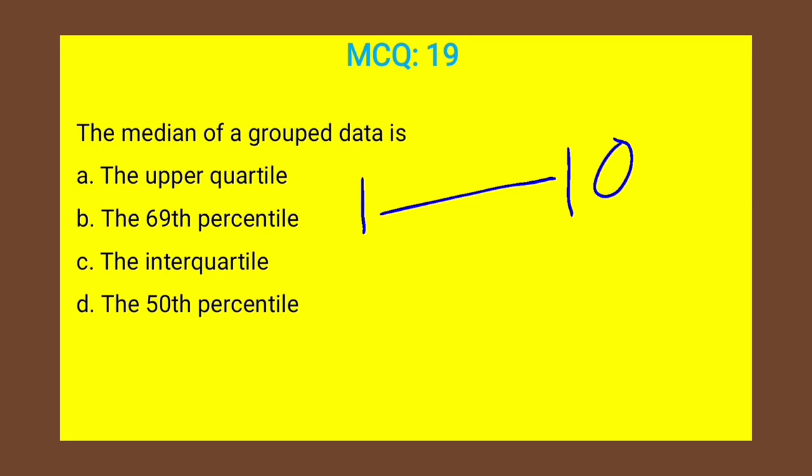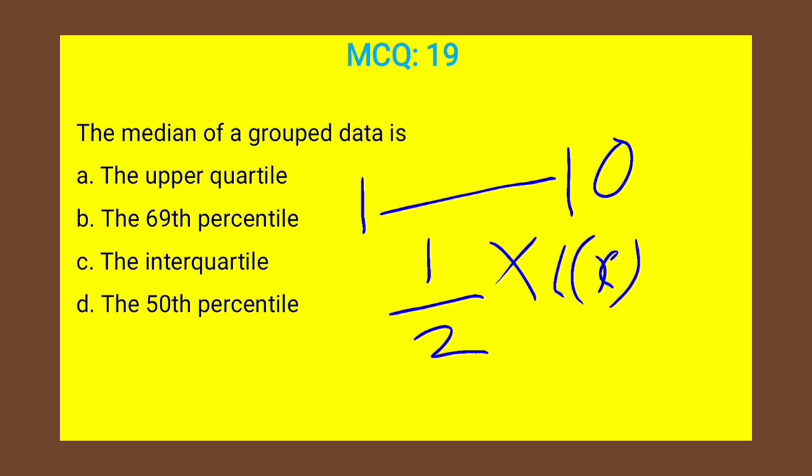Half of that data is going to be my median. So if half of it is my median, then if I want to find the percentage, it's going to be 1/2 multiplied by 100. And what will be 1/2 multiplied by 100? It's going to be 50% in that case. So the median is always the 50th percentile of that particular data, and option D satisfies that. So let's take note of that.